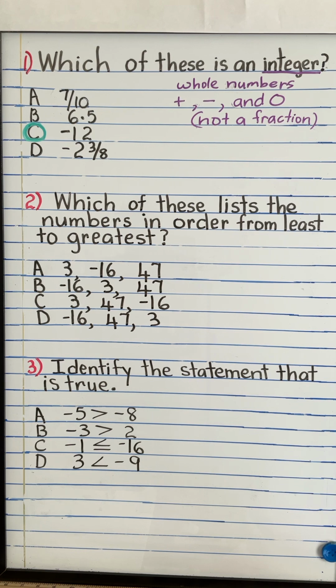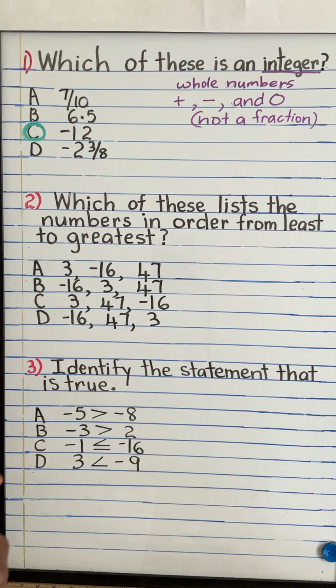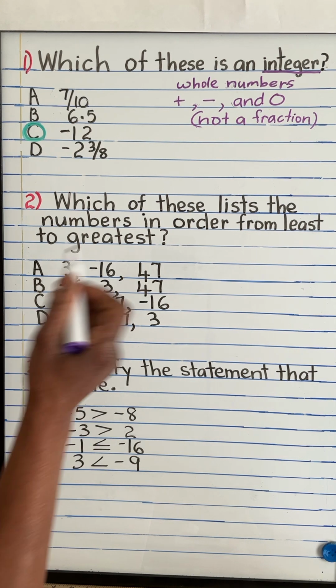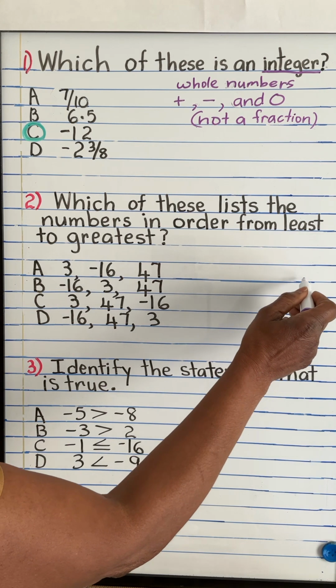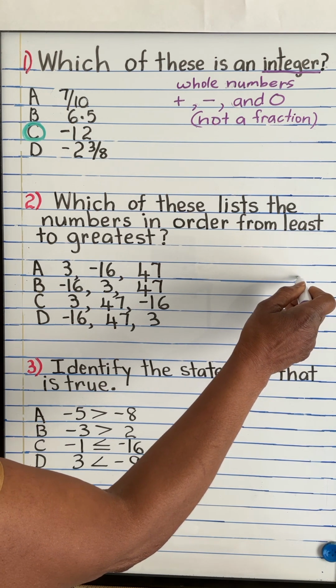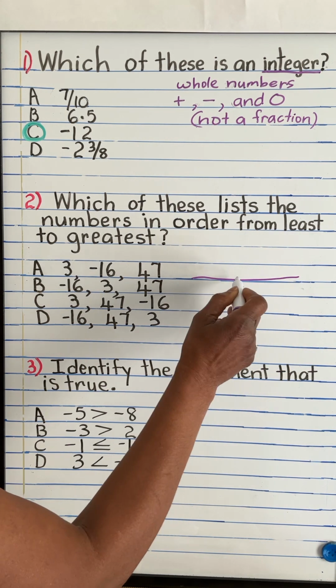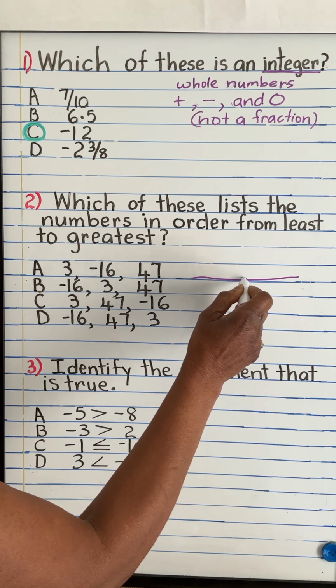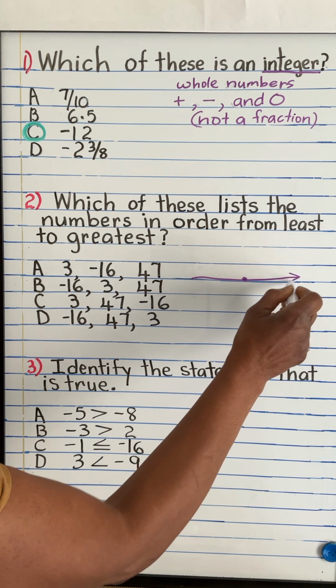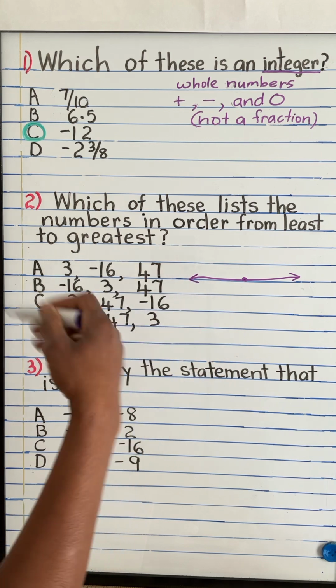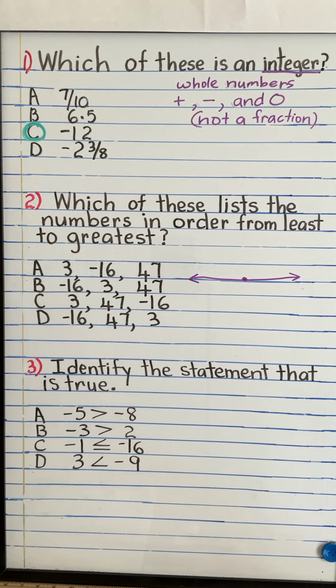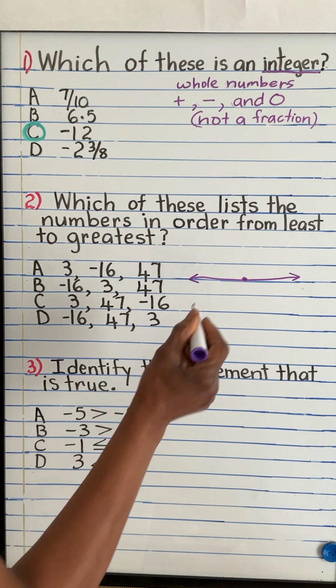Next, which of these lists the numbers in order from least to greatest? Okay, so let's set up a little number line. We have 0 right here, and the line continues endlessly.